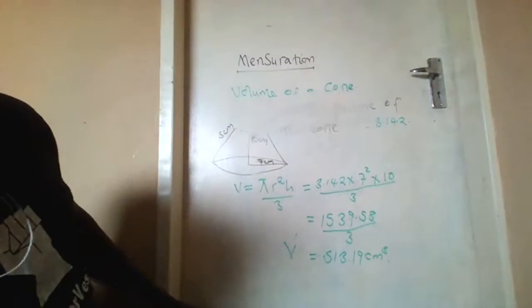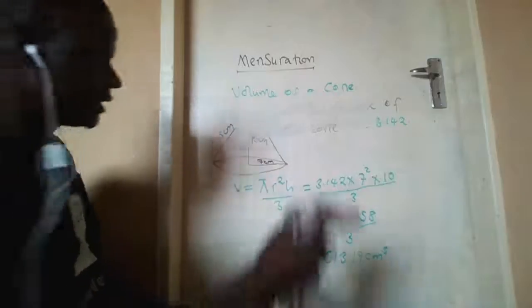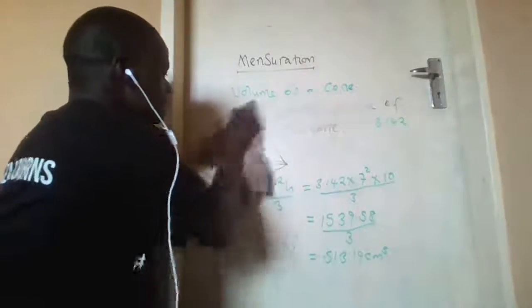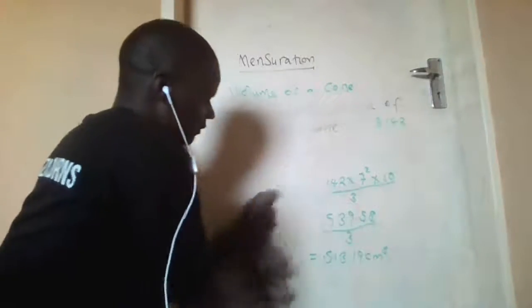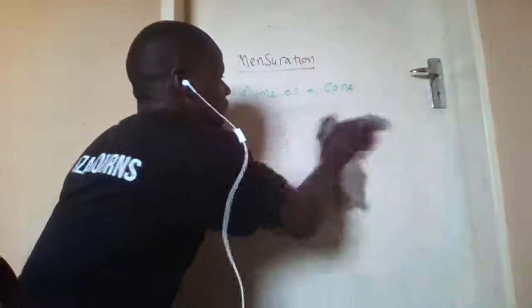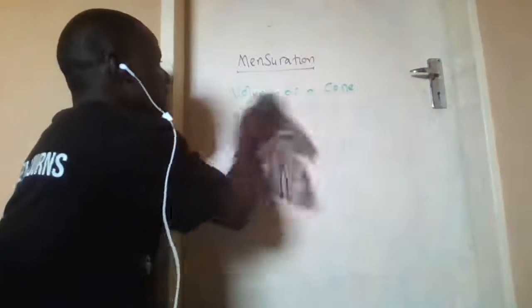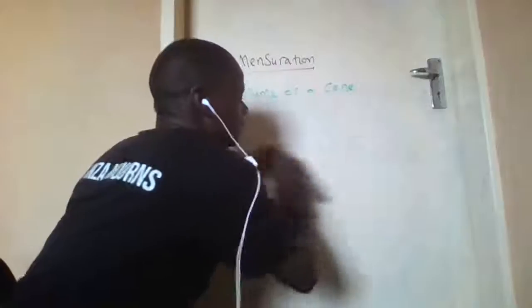How can we find the volume of a cone when it is halfway sliced? So I'm going to pick on any question that I'll find, then we see how we can locate the volume of a sliced cone.